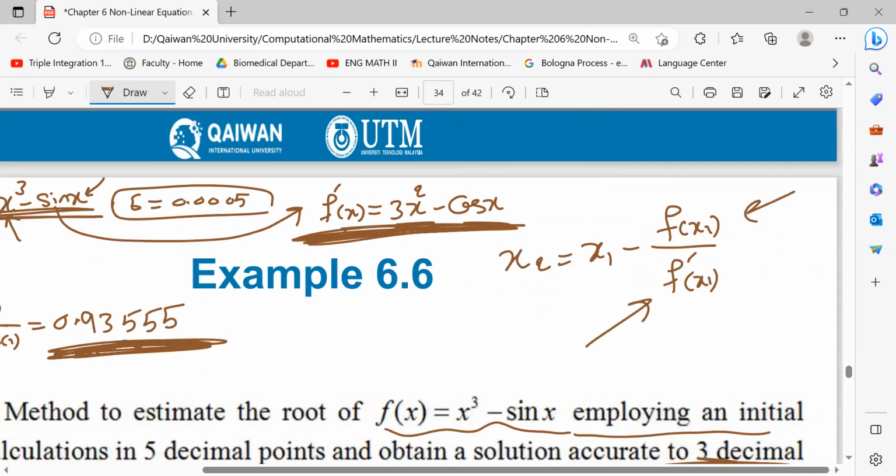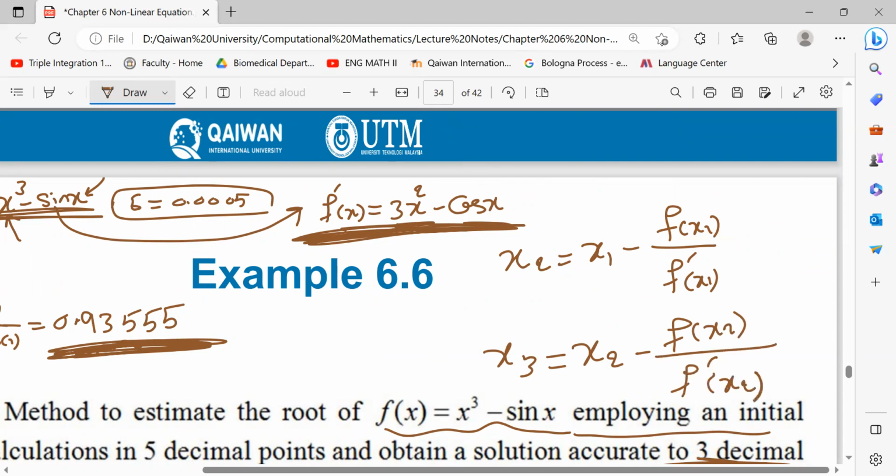Then calculate it. You get x2 and then x3 and 4 and so on. Then to get x3 is x2 minus f of x2 divided by f prime at x2. Here we need only one point. Look, these all must be the same, and those must be the last point that you want.